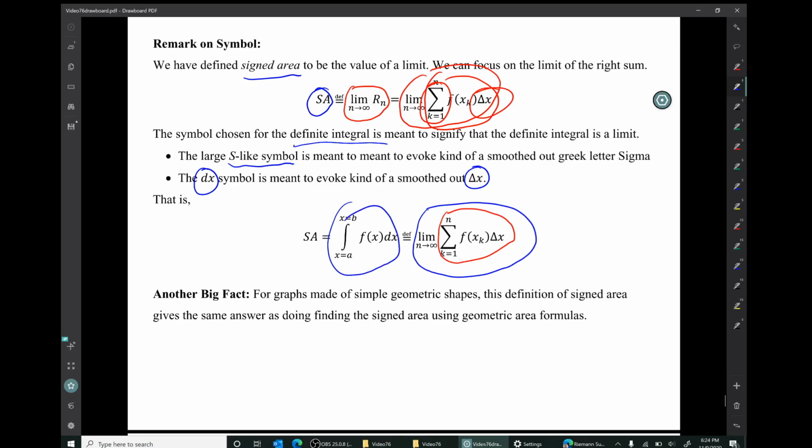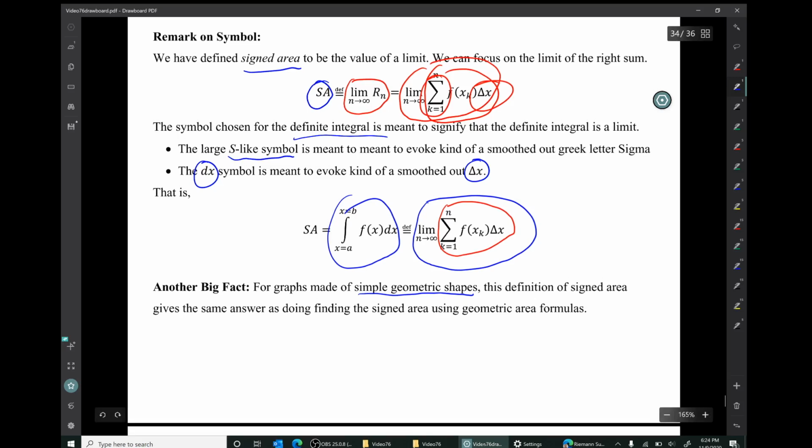Now, there's another big fact. We started the whole discussion today with a couple of examples of computing signed areas for graphs given by simple geometric shapes. Well, the good news is that this new definition of signed area involving the limits of these sums gives the same answer as doing the signed area using geometric area formulas.